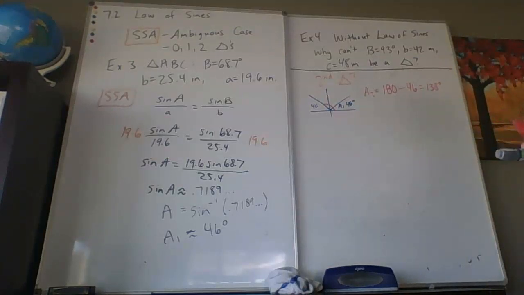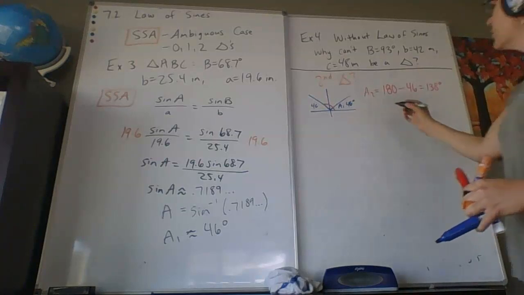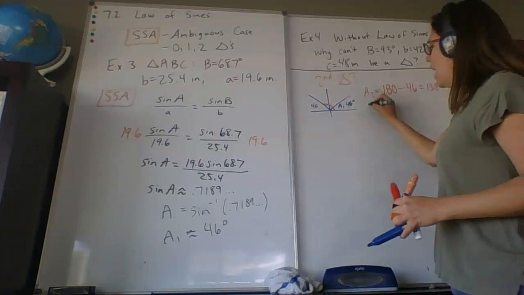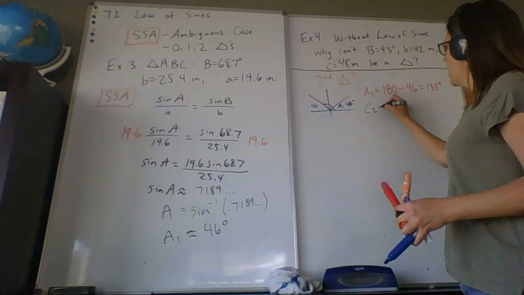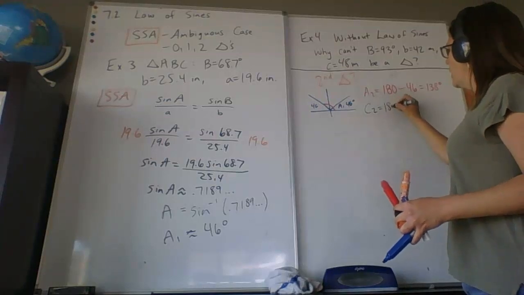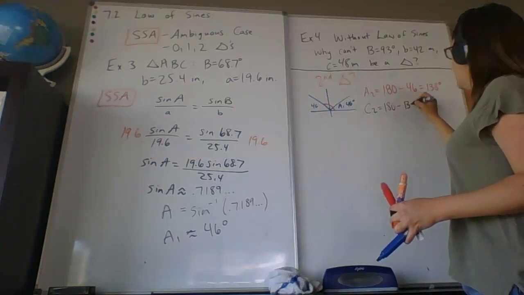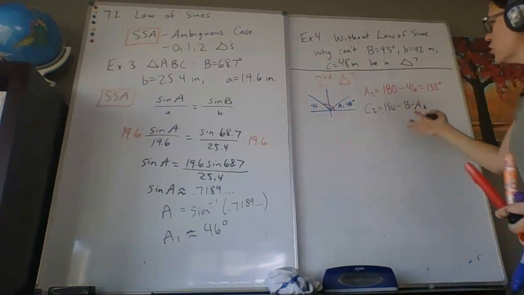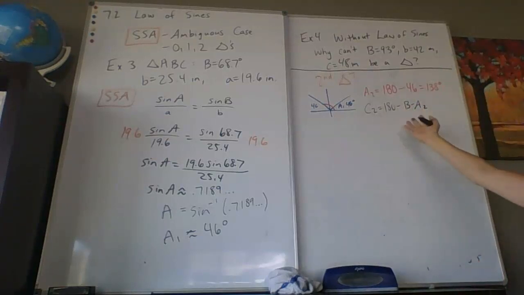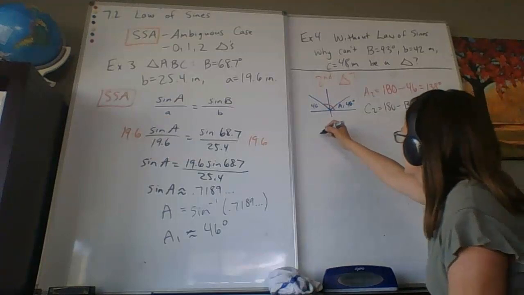So we don't know if this works yet. To determine if a second triangle exists with this given information, we need to calculate the third angle of this triangle. So C2 is going to be 180 minus B minus A2. We're just trying to see if it's possible for this triangle to even exist.